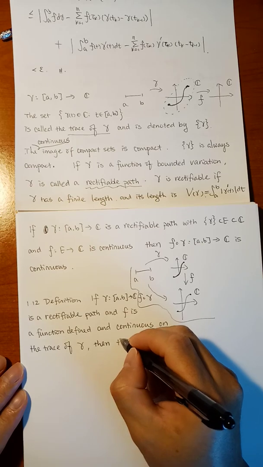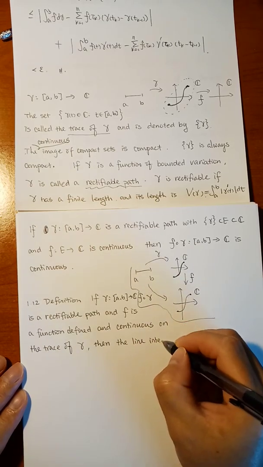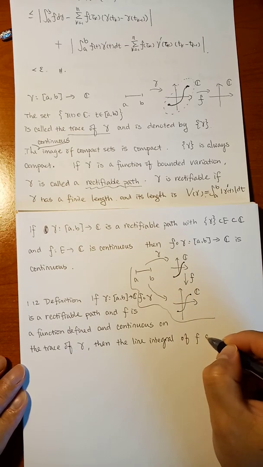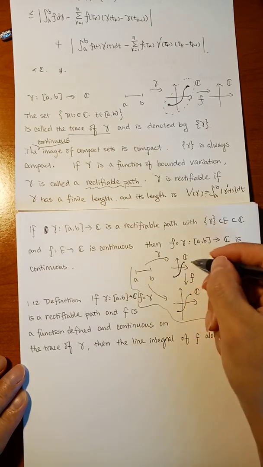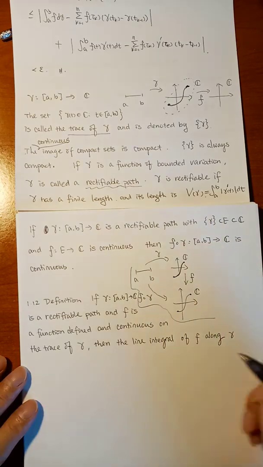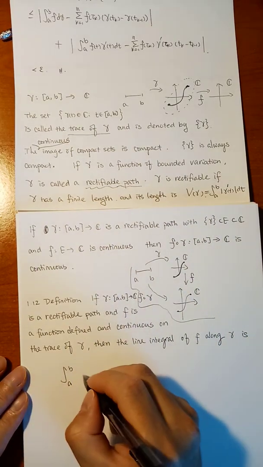Then the line integral. There's a name: line integral of f along gamma, along the image of gamma, because f is defined over the image, is from a to b.